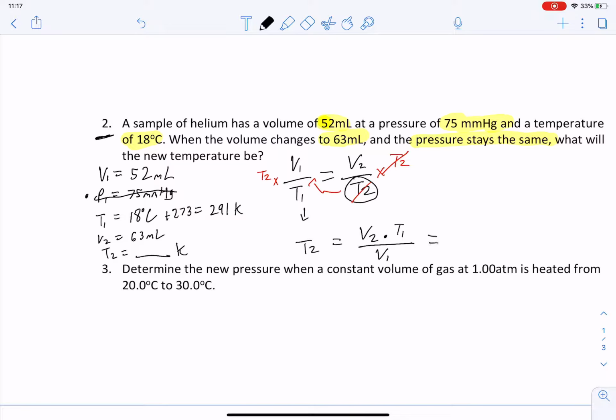We can substitute the numbers we were given here. V2 is 63 milliliters times T1, which is 291 Kelvin, divided by V1, 52 milliliters.